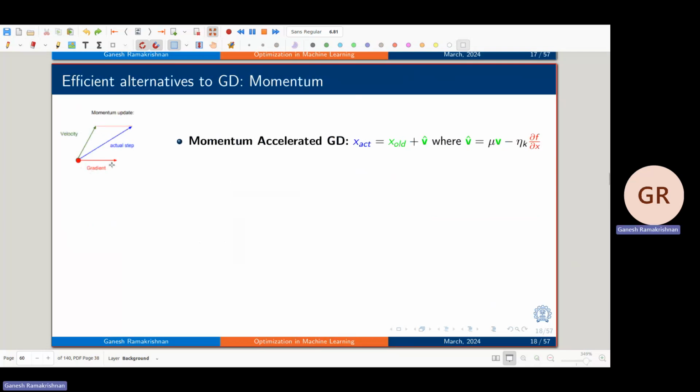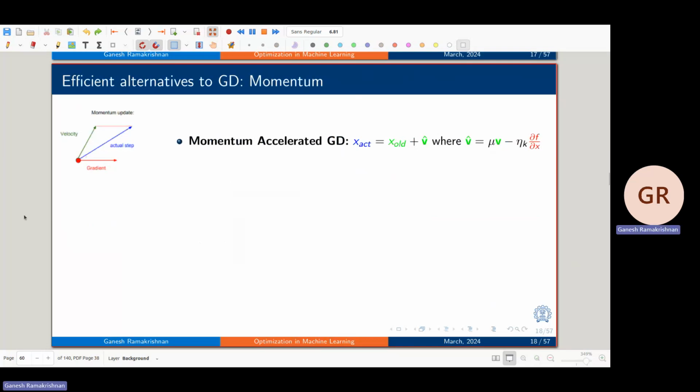Okay, so this is the idea. We look at the gradient, the red one. Now there is a velocity. Think of this as the average movement. And based on that, can I have a momentum update? So the actual step is the old step plus v hat. This v hat was basically coming from the gradient in the previous step.